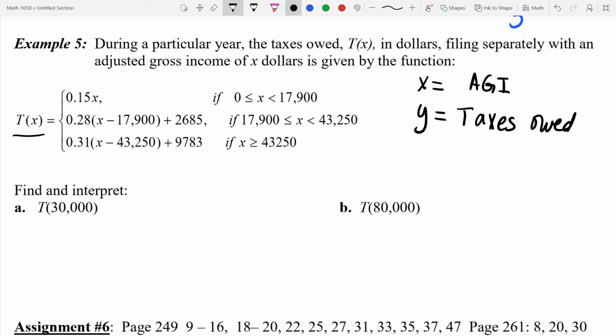Somebody tell me what adjusted gross income means. What's gross income? The money you make before taxes, right? What's adjusted gross income? You'll know this when you're an adult. It's not after taxes, because it's still gross. Gross means before taxes. The higher your income, the more taxes you pay.